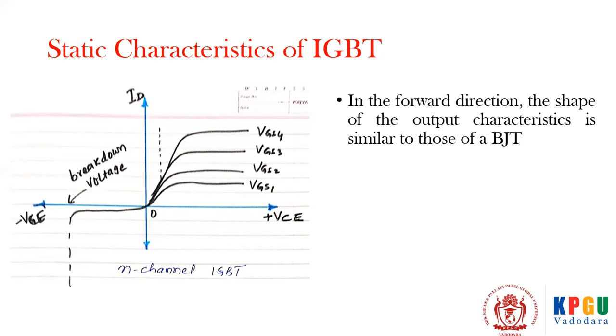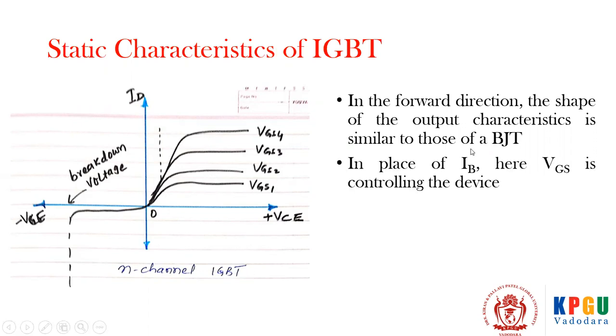For a sufficiently large base current, we had good collector current. Similarly, here for a sufficiently large gate to source voltage, the switch is on and we have a sufficiently large drain current. In place of base current, here VGS is controlling the device.